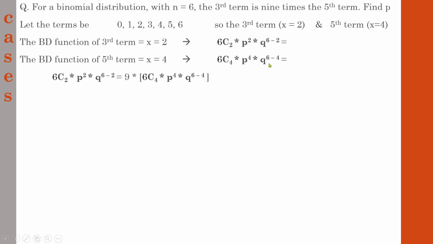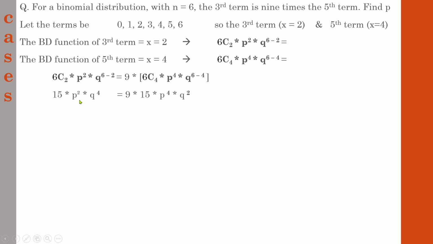We already wrote it in binomial distribution form, so now the statement is just like the description given in the question. See, 6C2 into p raised to 2 into q raised to 6 minus 2, that is the binomial distribution function of the third term. We just write it like that, equal to 9 times the fifth term. We already found the binomial distribution function of the fifth term, so it will be 9 into 6C4 into p raised to 4 into q raised to 6 minus 4.